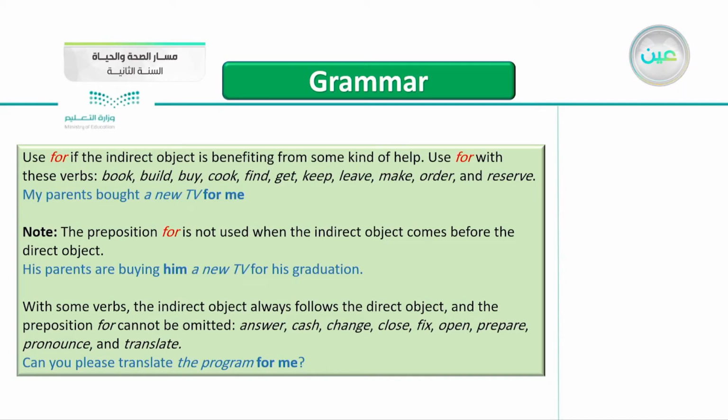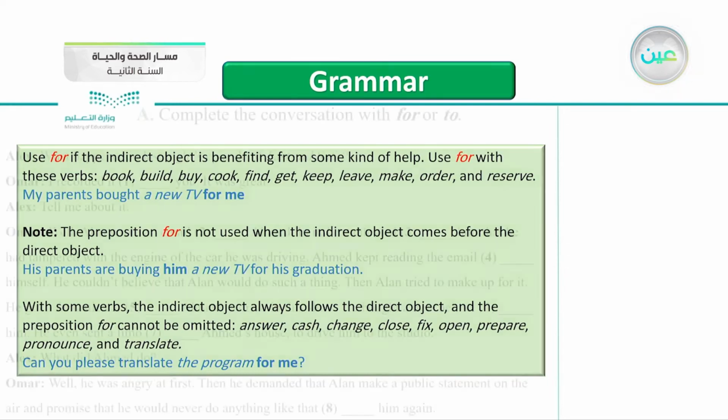So with these verbs, we cannot omit "for", and the indirect object always follows the direct object. Can you please translate the program for me? So the indirect object is following the direct object, the program and "for me", and we cannot omit "for" here in this example.